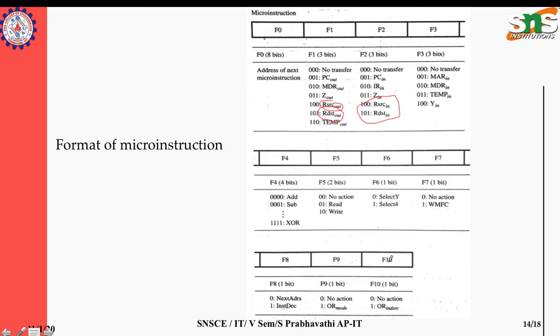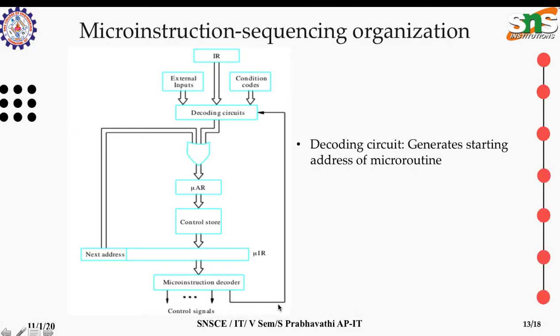F9 and F10. So what does it say? F8 has one bit, where 0 indicates the next address, and 1 indicates the instruction decoder. What does it mean? If the current instruction is giving the control signal, it gives an output of 1 bit to the instruction decoder decoding circuit.